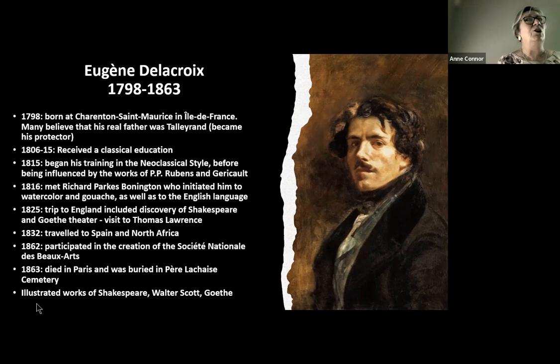And apparently he looked very much like Talleyrand. So that's why many people believe he was his son. And Talleyrand became his protector. He received a classical education, very good and thorough education. Began his training in the neoclassical style before he was influenced by the works of Rubens and Géricault.